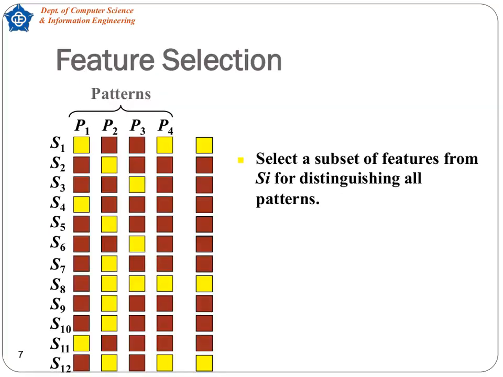This slide illustrates the feature selection problem. On the left, we have 12 samples, S1 through S12, and 4 candidate features, P1 to P4. Each colored square tells the story. Yellow means a feature is present in that sample. Dark red means it's absent. Our task is to pick as few of these features as possible, so that every sample remains uniquely identifiable.